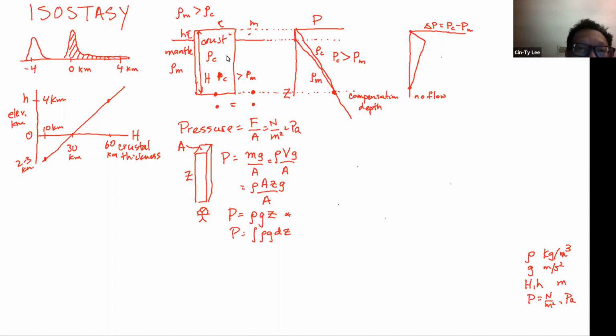In fact, this is why you may want to keep building your crust thicker and thicker and get higher and higher elevations, but eventually the pressure gradients that push outward will cause your big mountain to gravitationally collapse. This is exactly why Tibet can't get higher than it does and forms a plateau. Okay, and of course it depends on rheology and all of those things. We'll talk about that later.